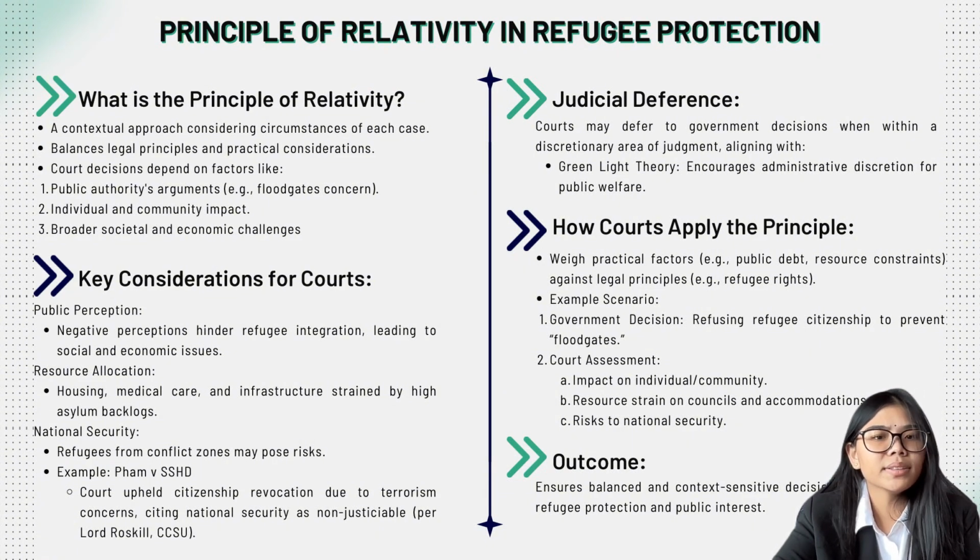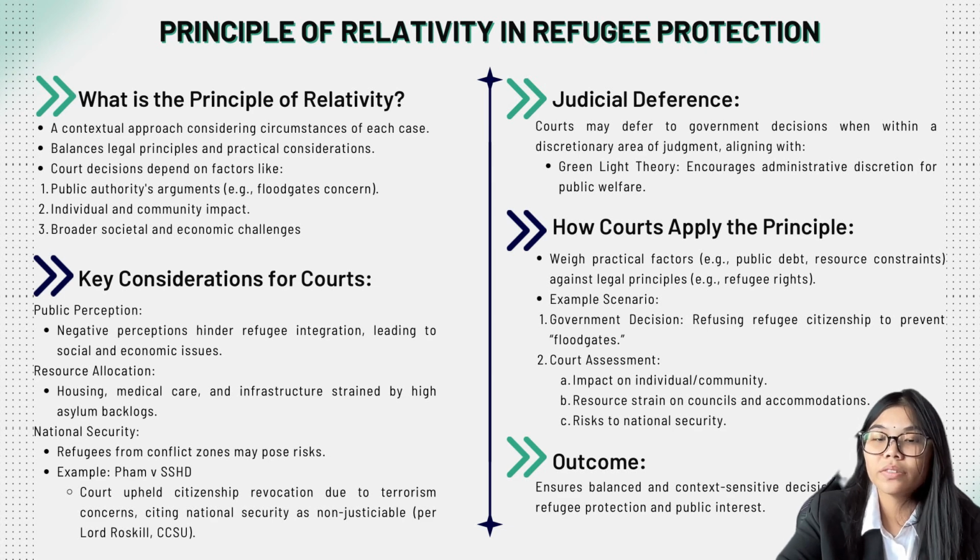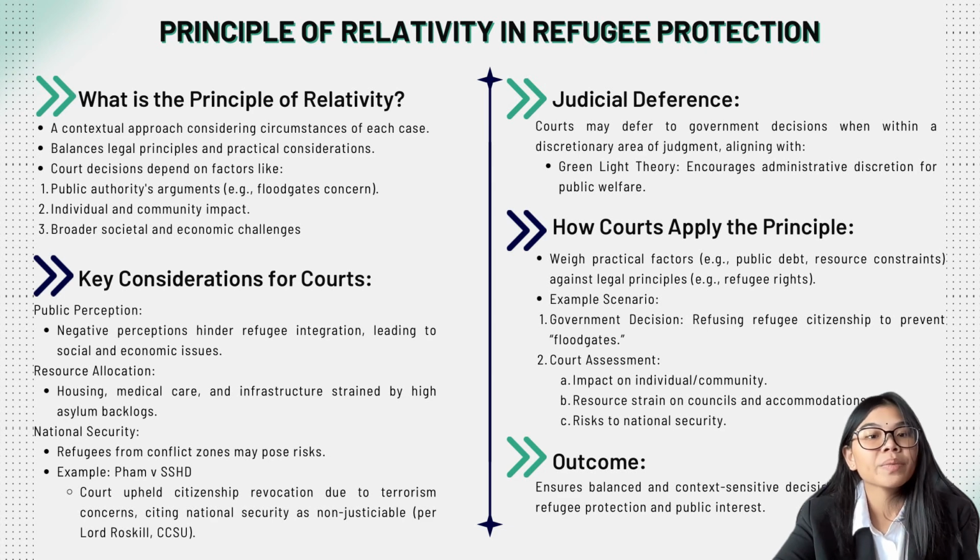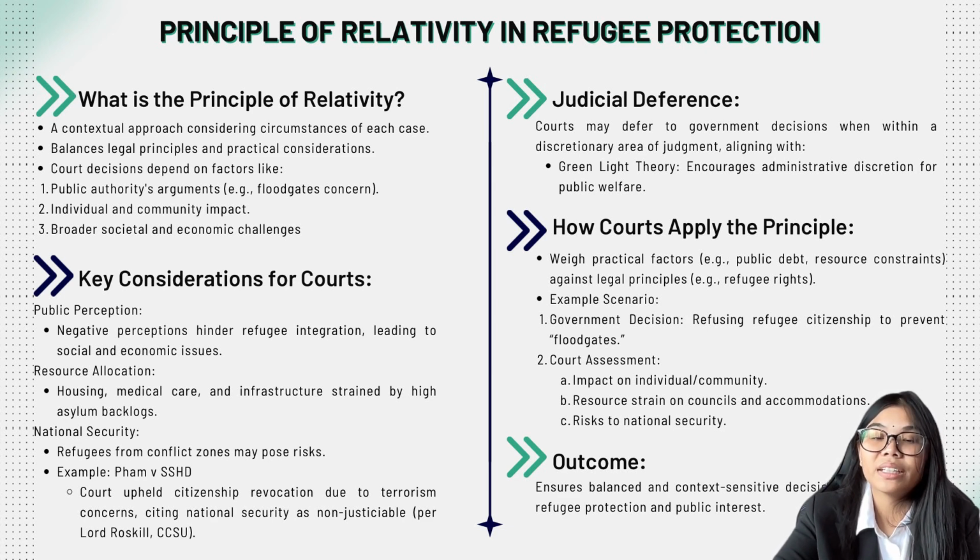Additionally, national security is another area of concern which the government takes into account when dealing with refugees, particularly if the refugees come from wartime countries or conflict areas where terrorism activities are high. The threat to national security is also high.